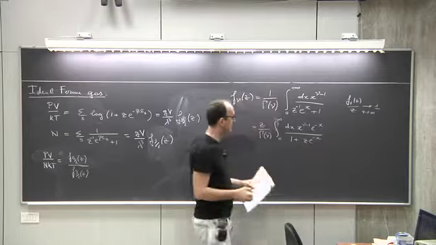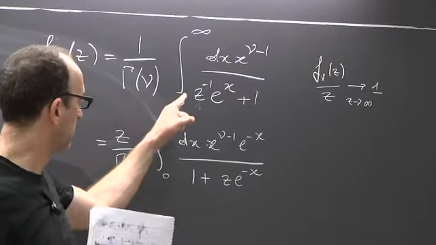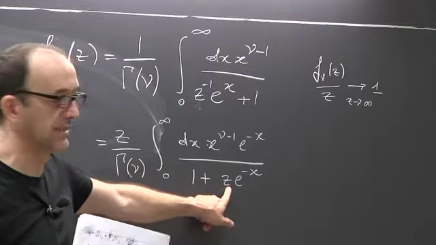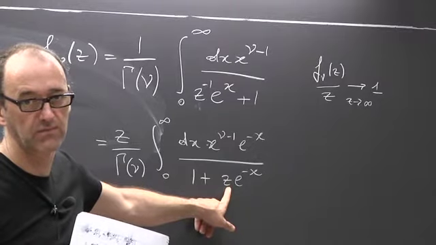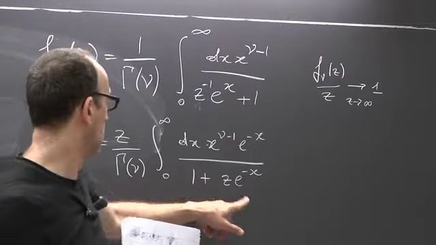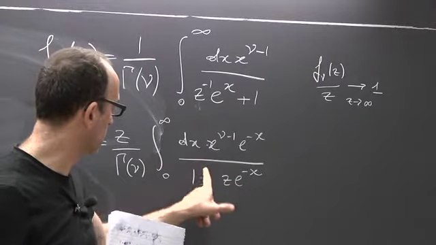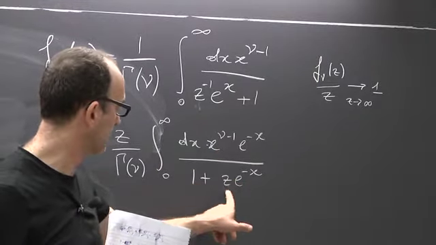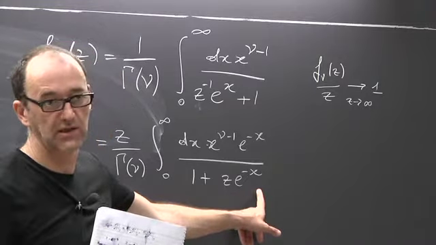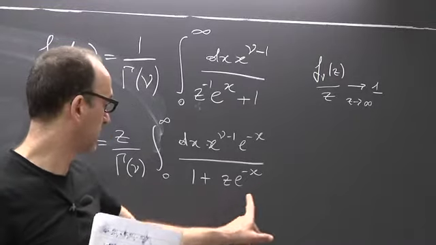So what I've done here is I have multiplied above and below by z e to the minus x. Okay? And now what you can do is to expand this term 1 over 1 plus z e to the minus x in Taylor expansion in z.